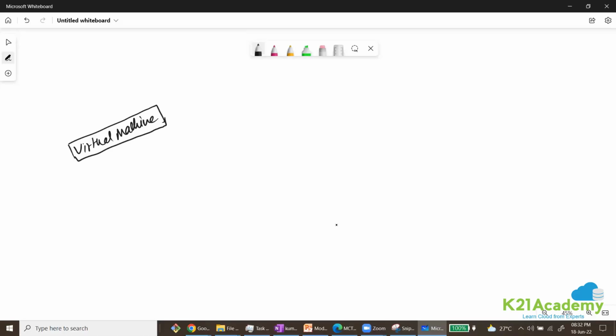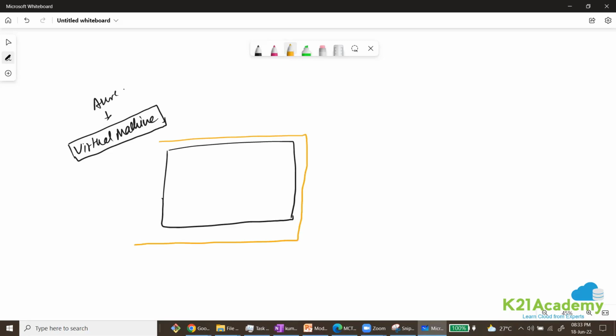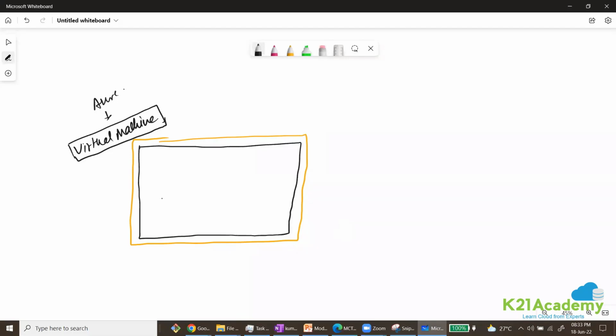When you create a virtual machine on Azure, let's say this is your subscription. Inside the subscription, you have your resource group. This is your subscription. This is your resource group.